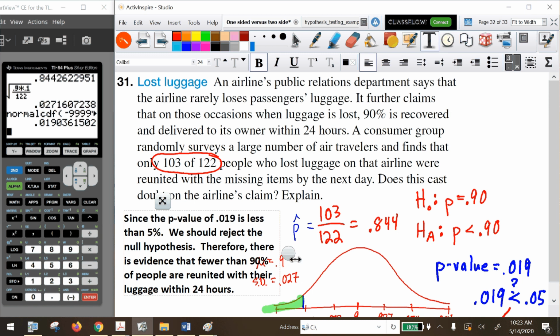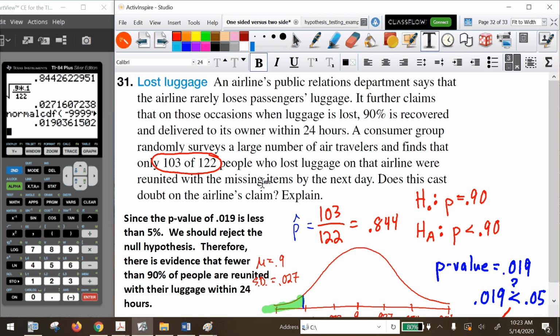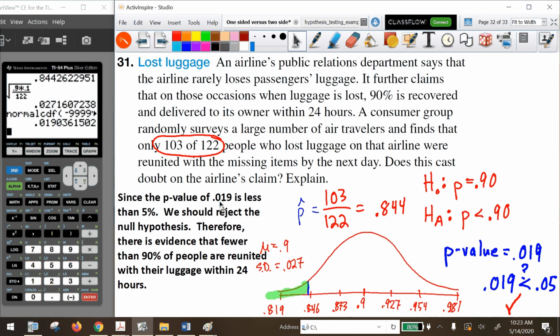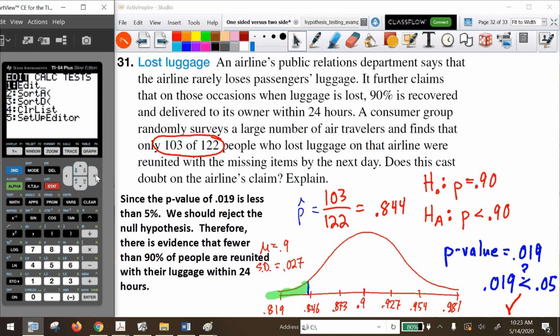All right. Just to show you again how to use that trick on the calculator to get that p-value right away, you just go into stat, go over to test, use the one proportion z-test, that's the fifth option there, set your p sub 0 as your null hypothesis, in this case it was 90%, set your x value as the number of people who were reunited with their luggage in your sample of 122 people.